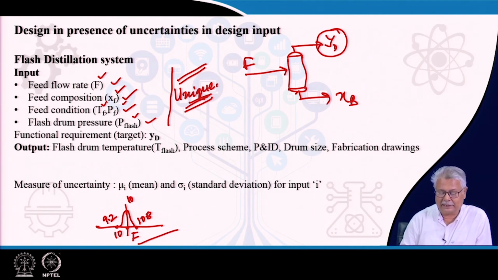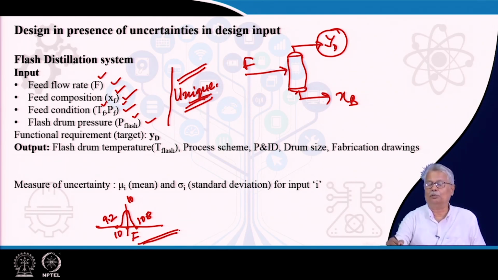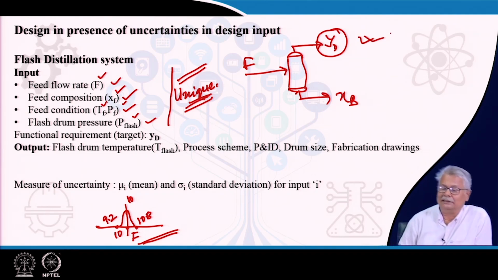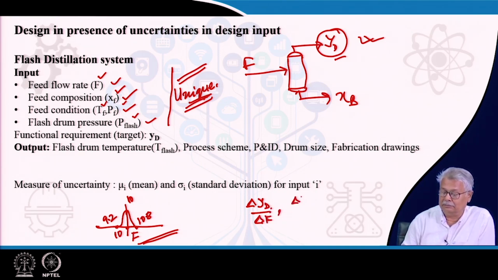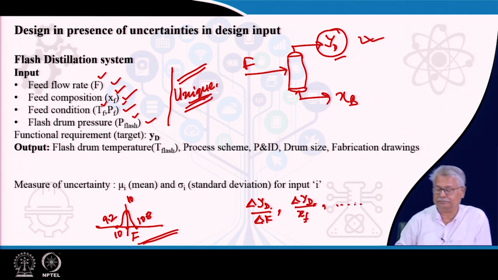So, what I would like to say here is, even though we use unique values for my design, I have to test my output YD after the design has been done, that what is the effect of these input variations on YD. That means, we are supposed to report variations in YD with respect to the change in F, the change in YD with respect to changes in XF, and naturally so on.